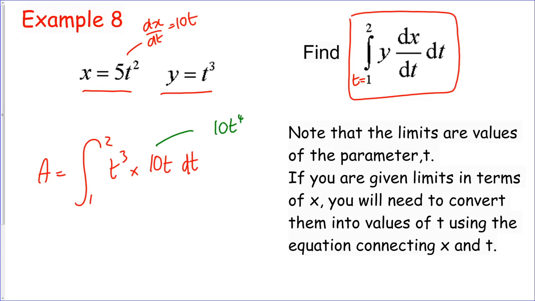It's just going to go to area equals the integral from 1 to 2. If we add 1 to the power we get t to the 5, and we divide by 5 we're going to get 2 t to the 5. We don't need the integral symbol anymore because we've integrated.